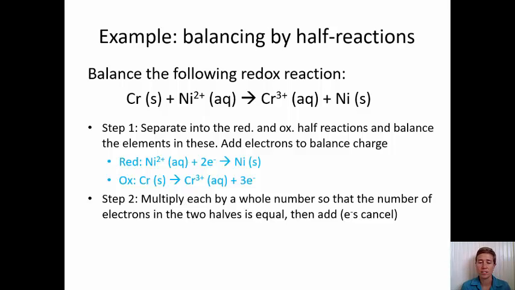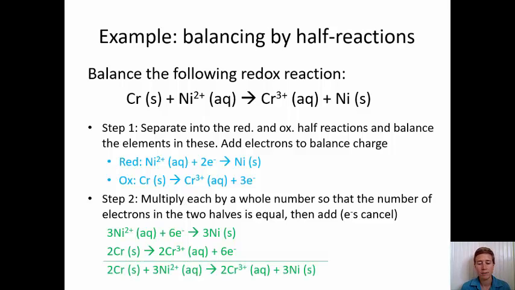Oxidations will always have electrons as the products, so they will cancel as long as they're the same number. In this case, this is probably the hardest one because we have 2 and 3. So we have to multiply the top reaction by 3, bottom reaction by 2. We now have 6 electrons on each side. Now we add them up, the electrons cancel out, and we end up seeing that we need 2 chromiums for every 3 nickel ions.